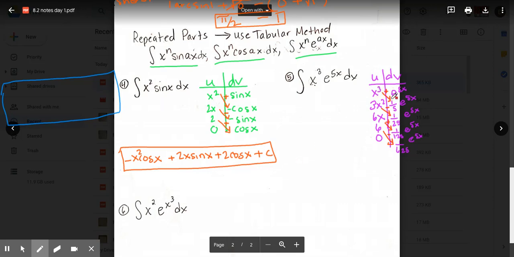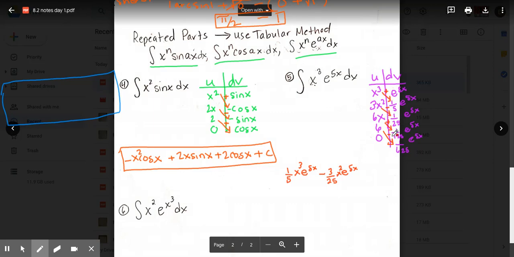So x cubed times 1/5 e to the 5x. That's 1/5 x cubed e to the 5x. Okay, then minus 3x squared times 1/25 e to the 5x is 3 over 25 x squared e to the 5x.